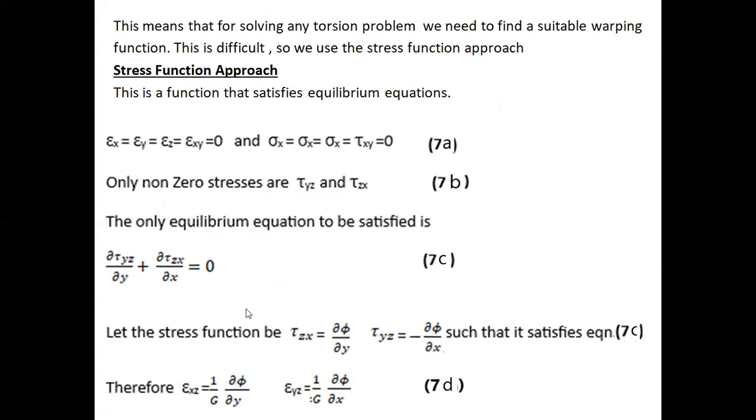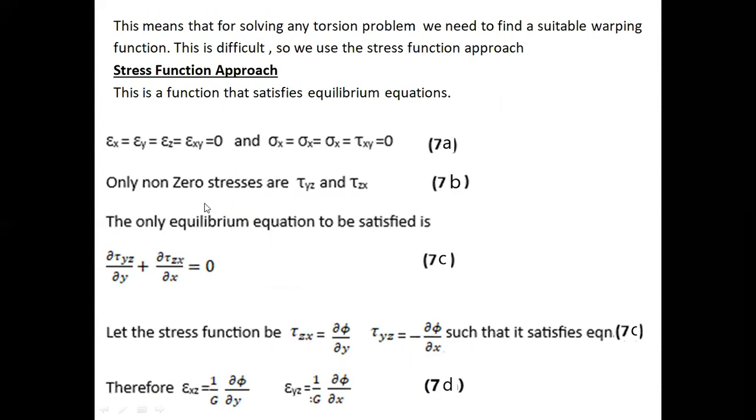Now, the stress function approach is very simple. If you concentrate here, you will find it's not difficult at all. We have the condition that epsilon x, epsilon y, epsilon z, epsilon xy is equal to 0, and sigma x, sigma y, sigma z, tau xy is equal to 0.